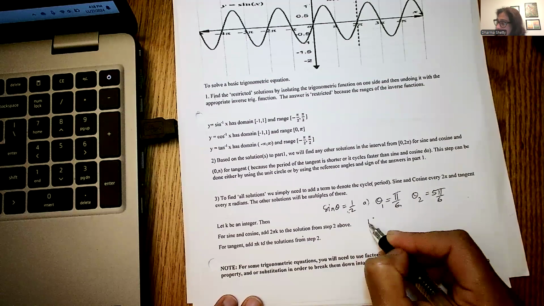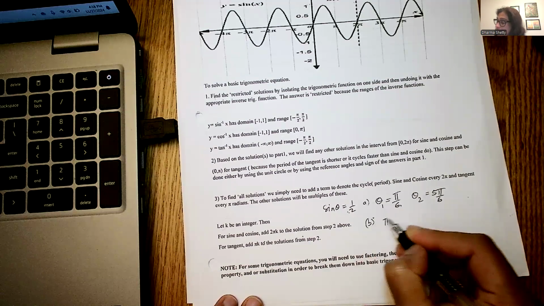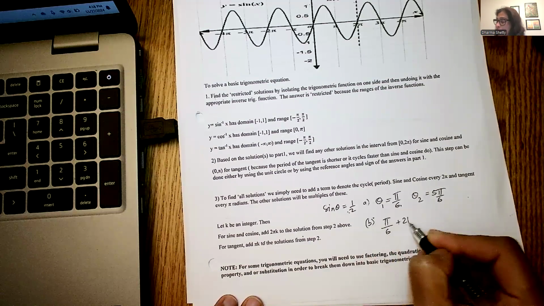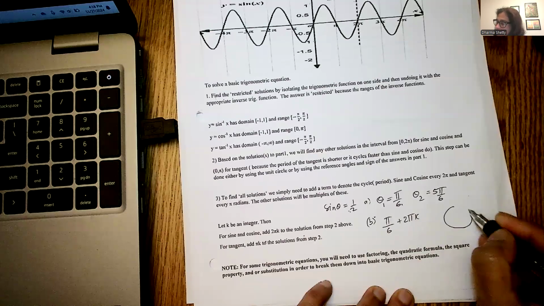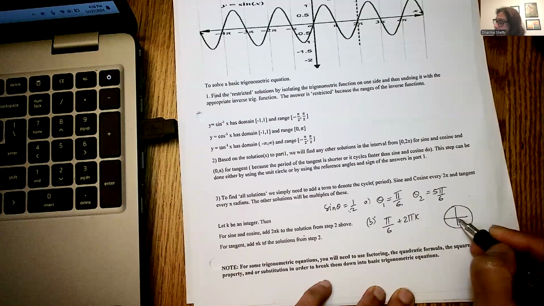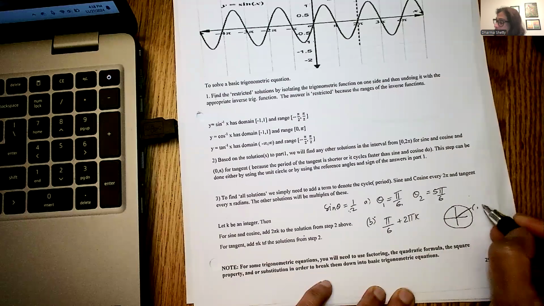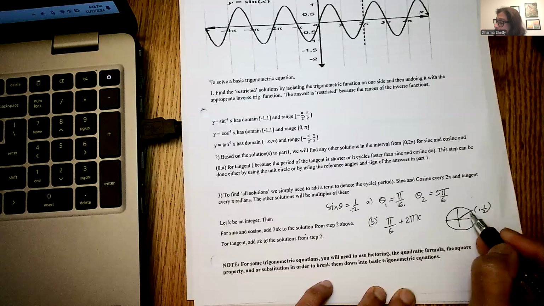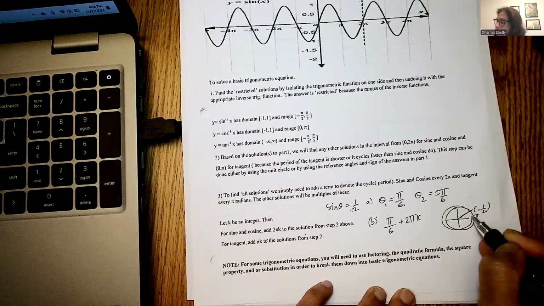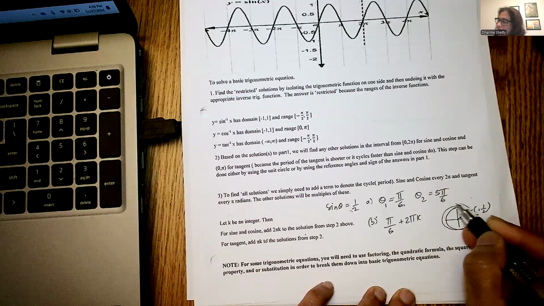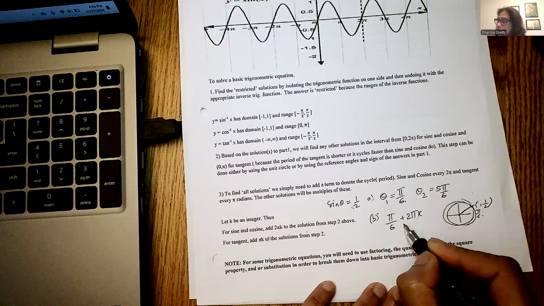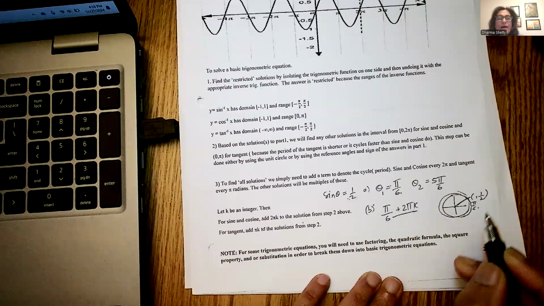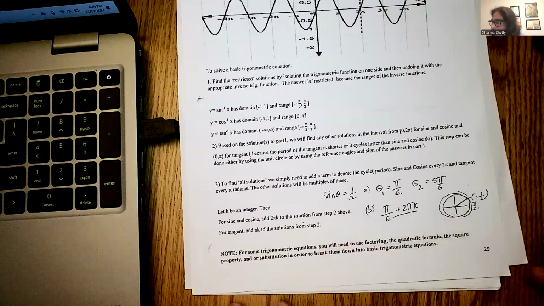This is the A part. The B part would be pi/6 plus 2 pi k. That is, this is where it is 1/2. That is pi/6. Then if I add 2 pi k, it'll give me the next angle. And I rotate again, it'll give me the other angle. So we just use this notation to represent all the other angles.